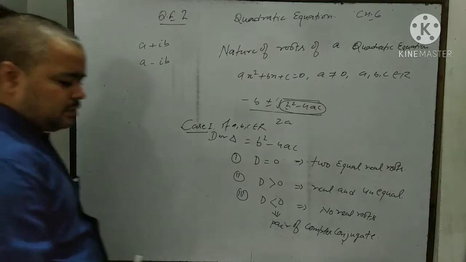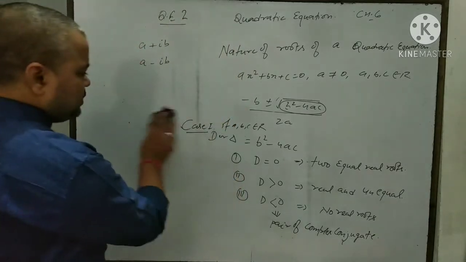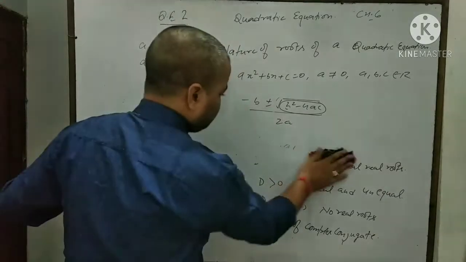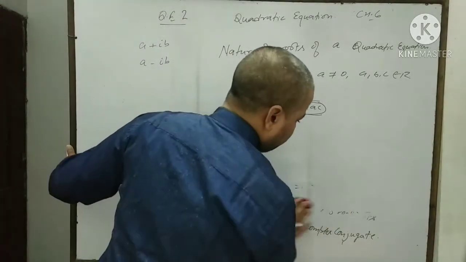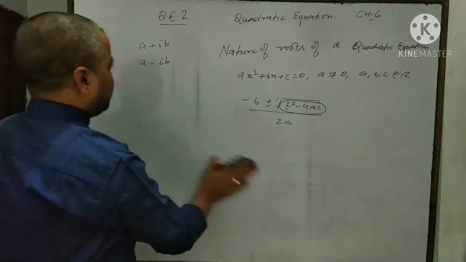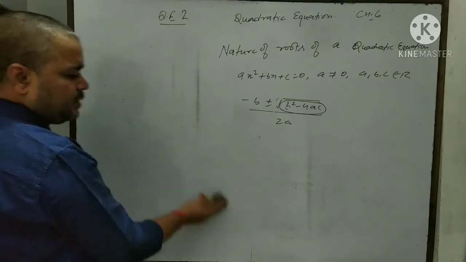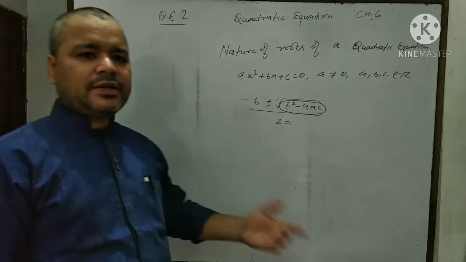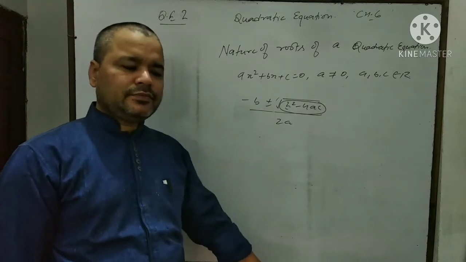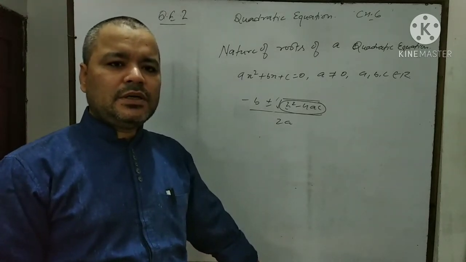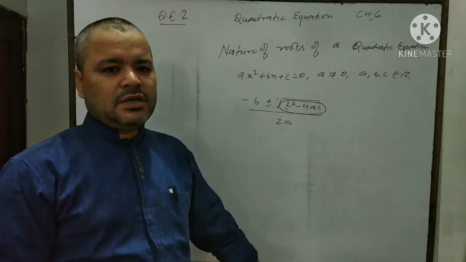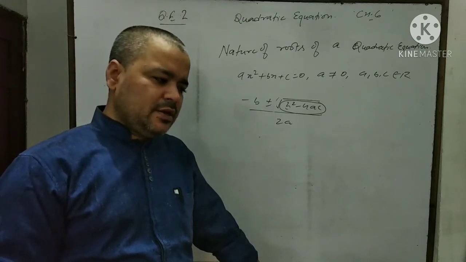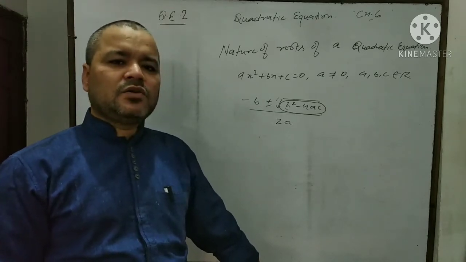Now let us see the second case, when a, b, c are rational numbers. We know that all rational numbers are real numbers, but every real number is not rational. There are some real numbers which are not rational, and those are called irrational.